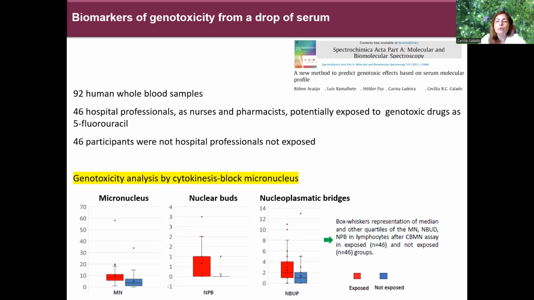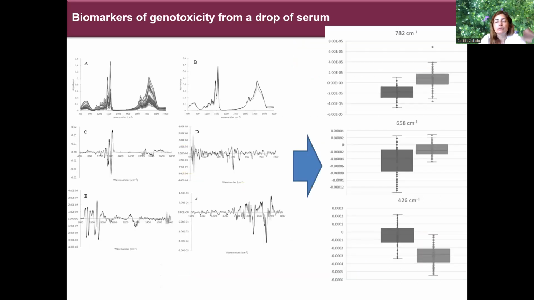So we wanted to analyze if the spectra from the serum, so this is an infrared spectrum from the serum, from around 40 professionals that presented these genotoxic markers, in relation to 40 people that didn't, were also different between these two populations.